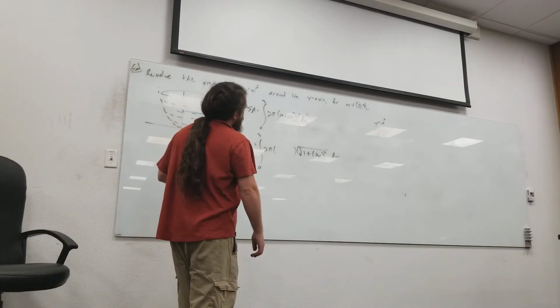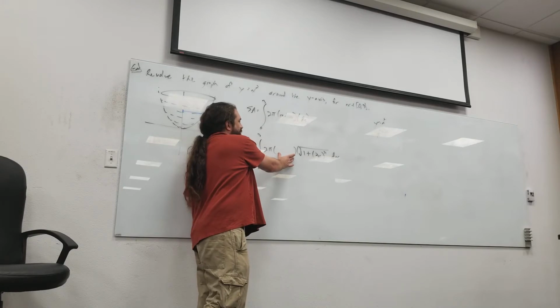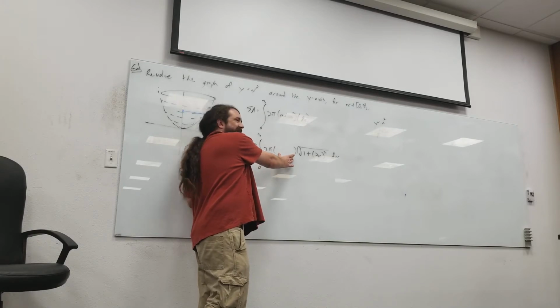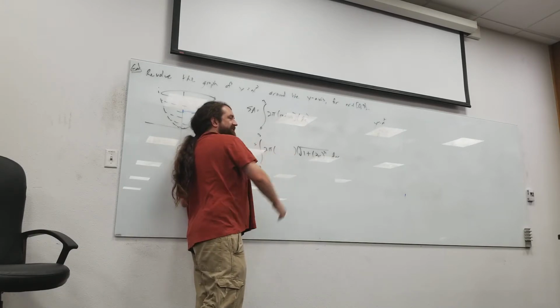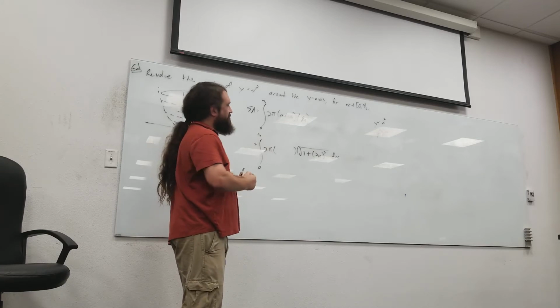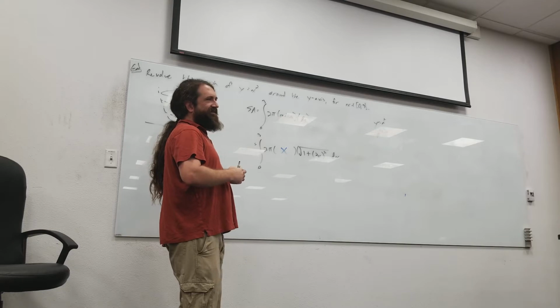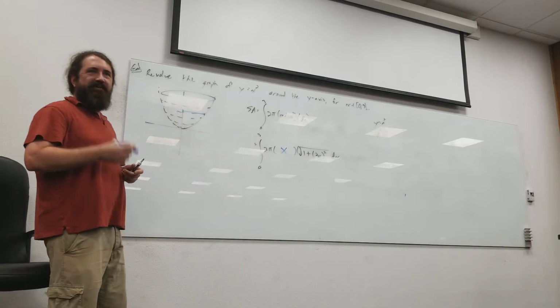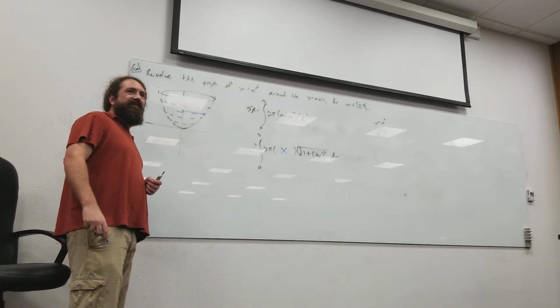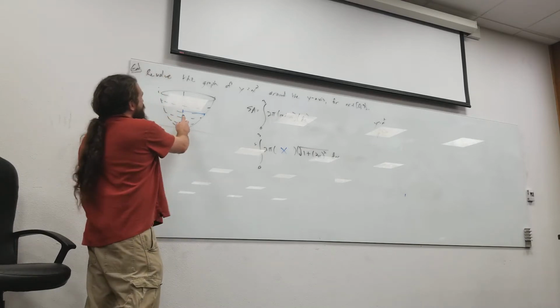X does equal the square root of y, but there's no y's in here. I'm integrating with respect to x. That's it, right? Can you see where it's kind of like what you run into in the cylindrical shell method? My radius is actually just my x coordinate.